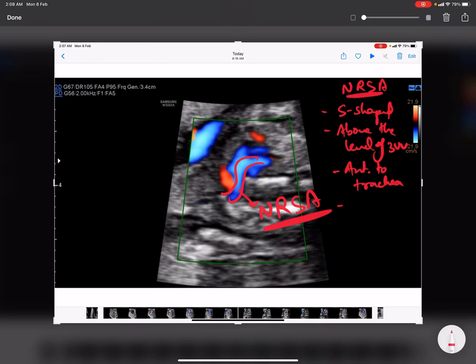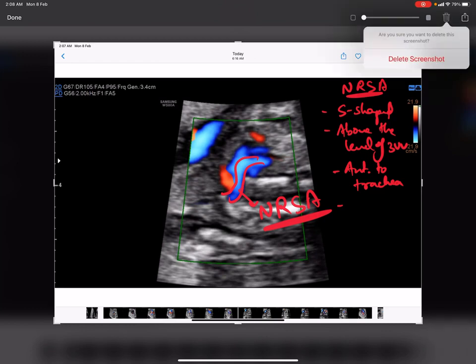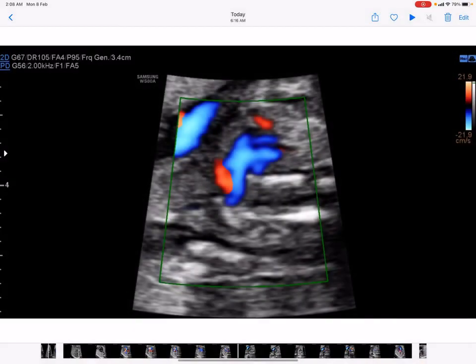So these are the things which you have to remember regarding a normal right subclavian artery. So this is the way we trace a normal right subclavian artery.